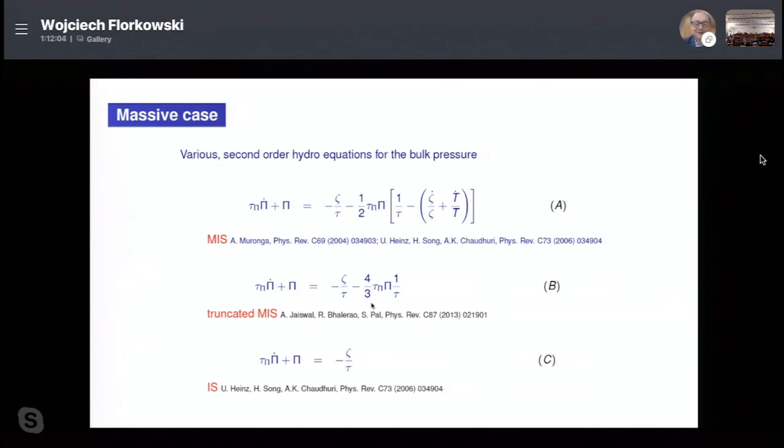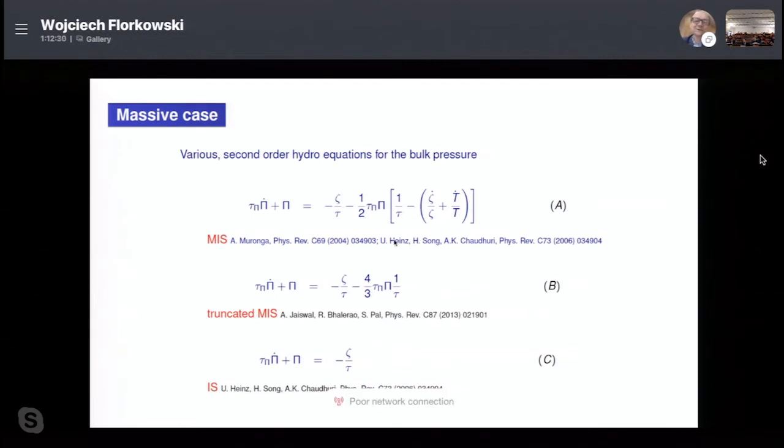And there are different options. For instance, we have the simplest version of the terms containing beta coefficients. There's again a problem.